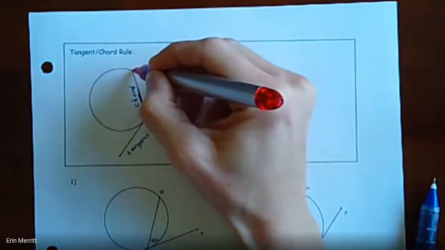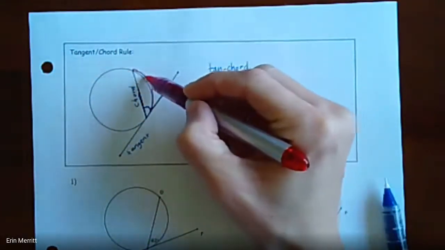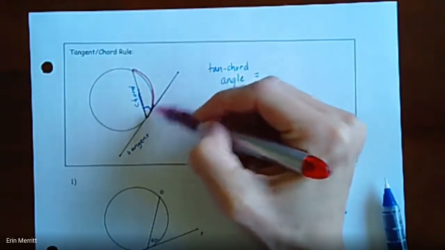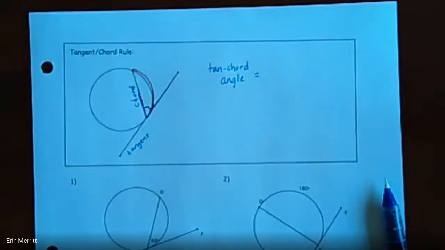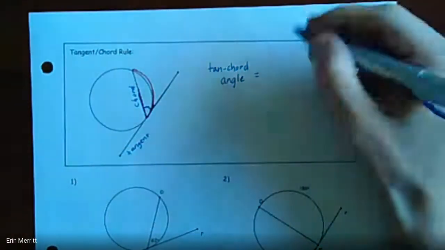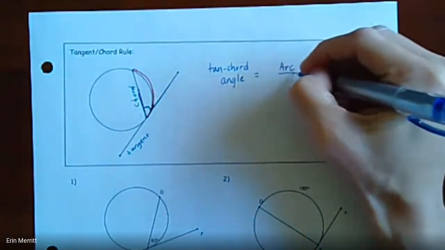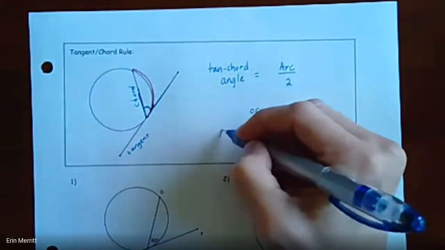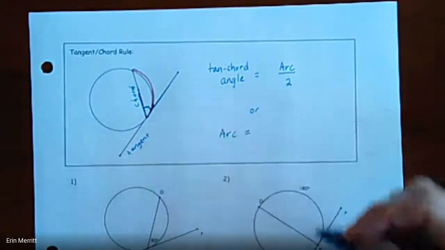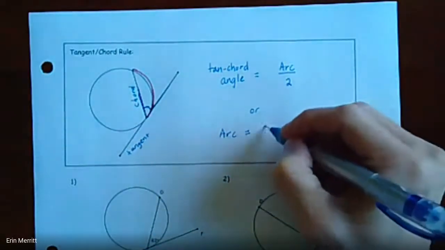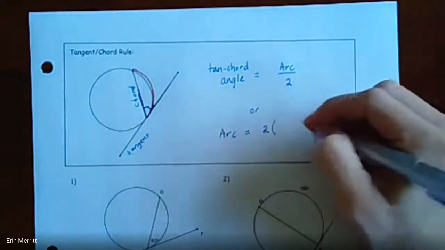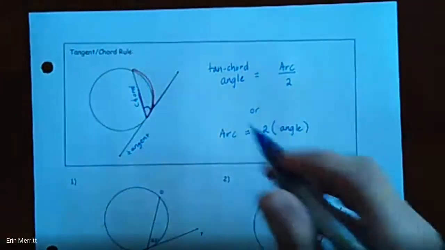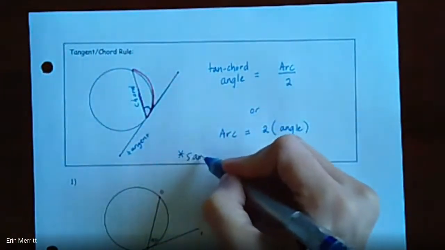So that arc goes from one end of the chord all the way over to the vertex of the angle, literally where the chord and the tangent meet. So I'm going to write it as the arc divided by 2. The other way to think of it is that the arc is going to be equal to 2 times the angle.